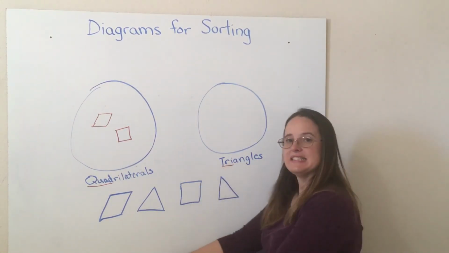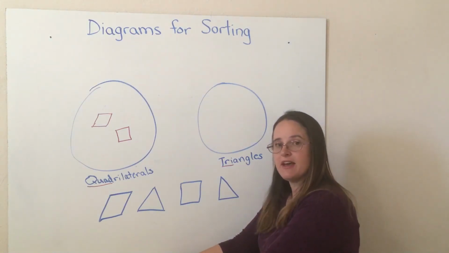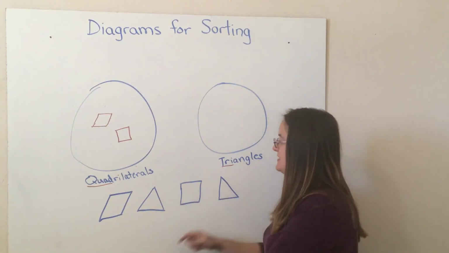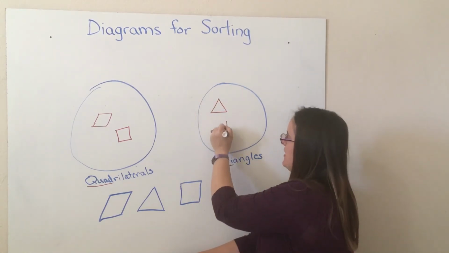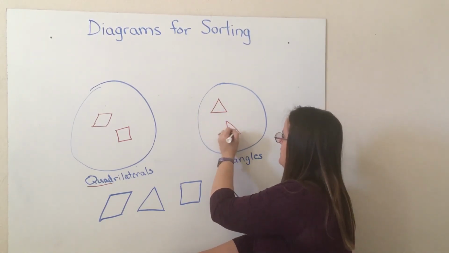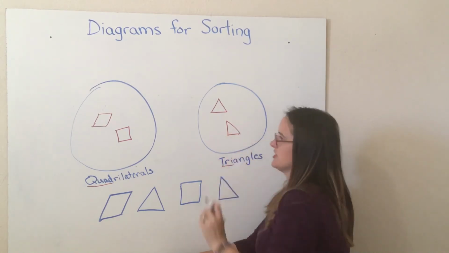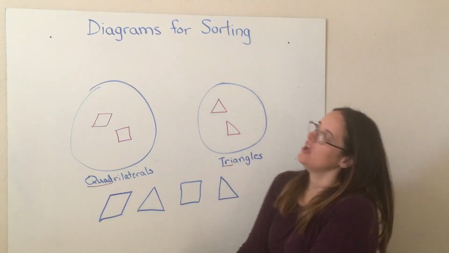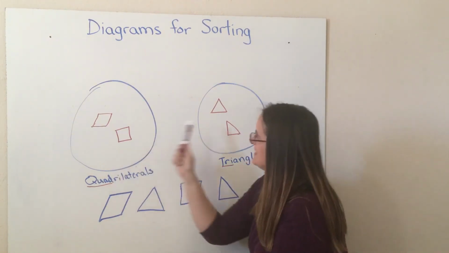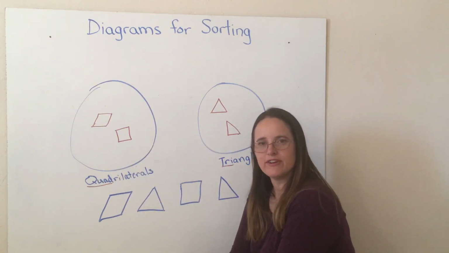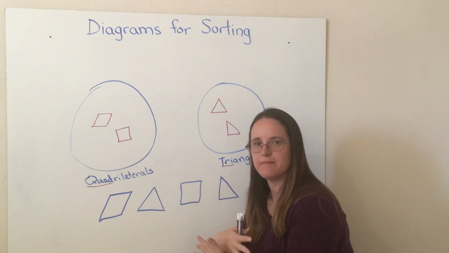Tri means 3, so we're talking about shapes that have 3 sides. So I have an equilateral triangle here, and then I have a right triangle, and they both go in the triangle section.